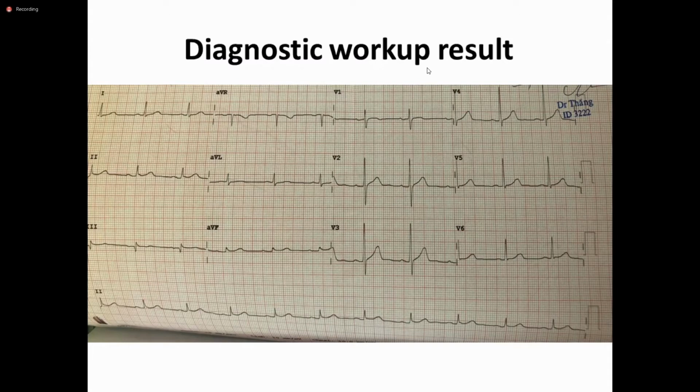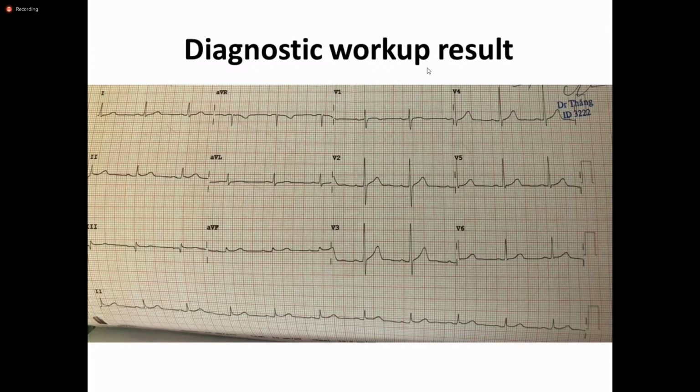Normally, the R wave in V1 must be very small and tiny, but the R wave here is large. So the first diagnosis is RV dilation, and with chest pain, maybe we can think about pulmonary embolism.